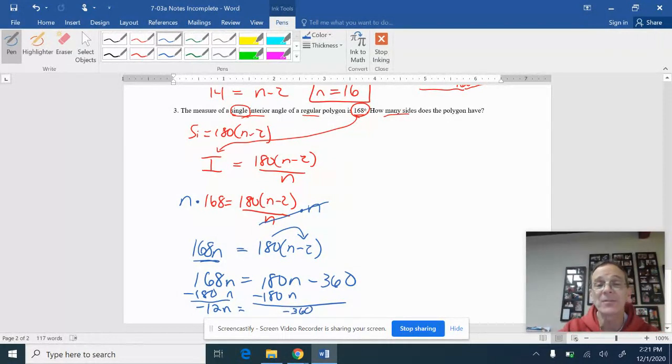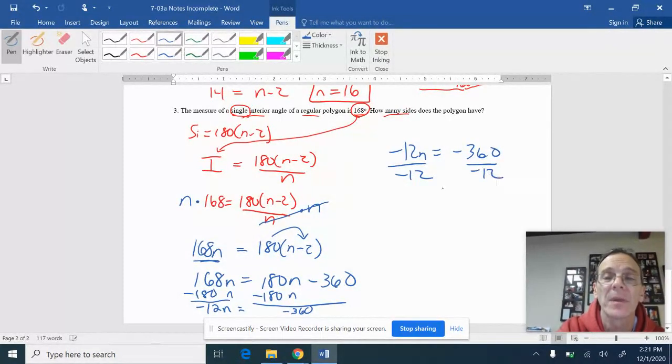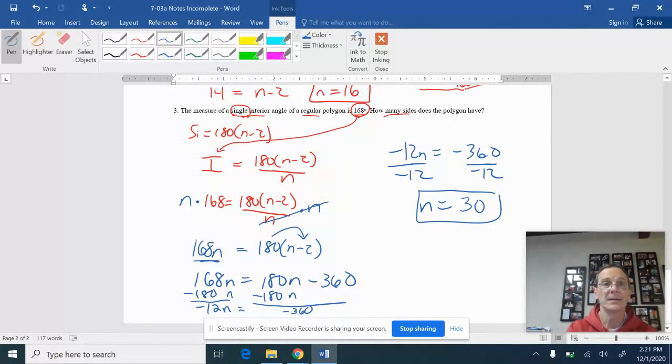So I got negative 12n is equal to negative 360 if I'm just going to recopy that over here. If you divide both sides by negative 12, then you get n is equal to, negative divided by negative is a positive 30. There are 30 sides in this regular polygon.